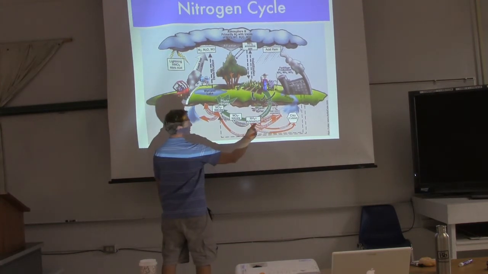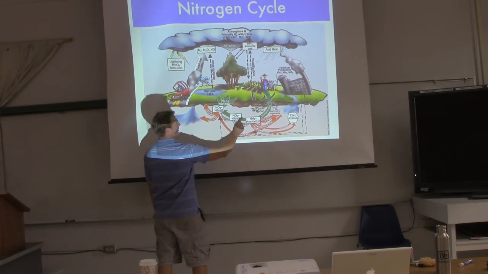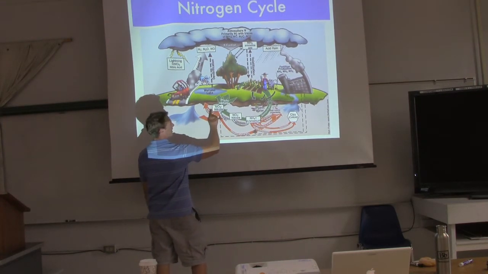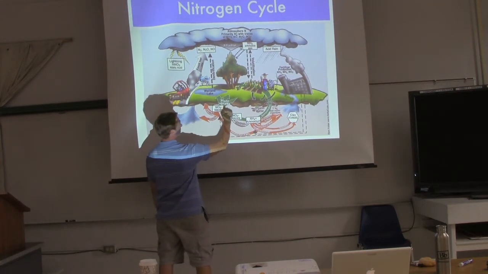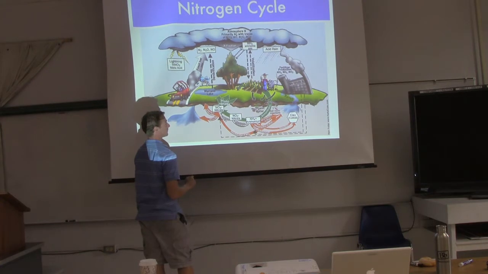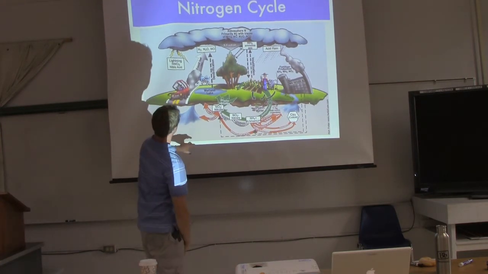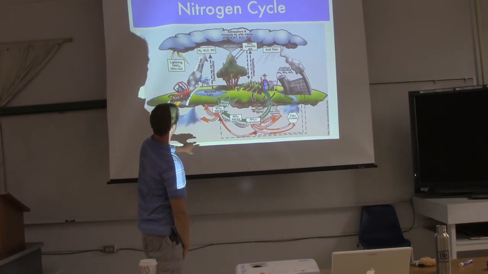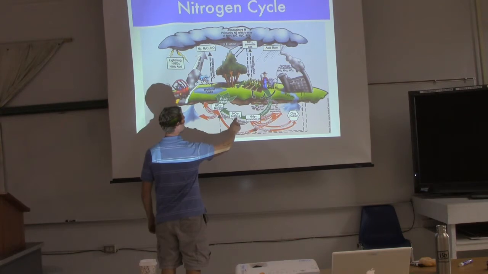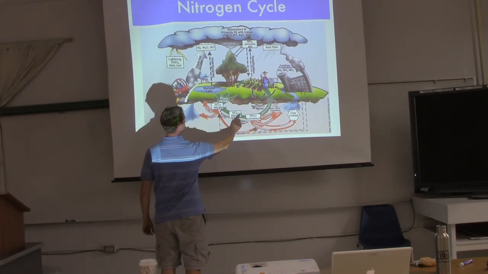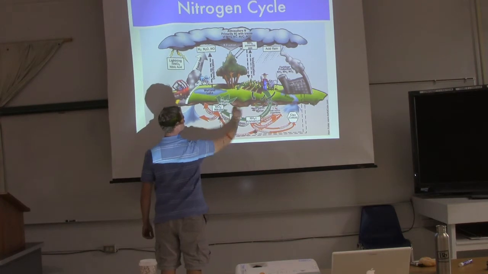It then gets switched by microorganisms to nitrite, and then to nitrate, and from there it's usually taken up by plants. One of them is supposed to be nitrate, this one here, and this is supposed to be nitrite. So it goes from ammonium to nitrate, and then it gets taken up by plants.